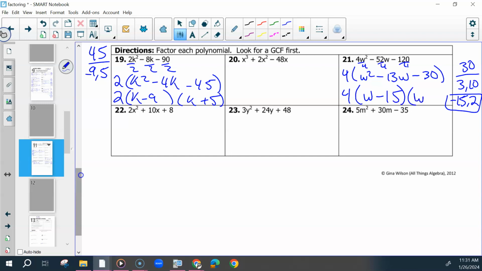W minus 15 and W plus 2. Sometimes you think you'll get the right answer because you have these two numbers, but double check it. If you were to add them together, would they give you the middle number? Sometimes that's not the case. Sometimes it looks like the case, but it's not. Questions on that? Any other questions we want to see you go over?